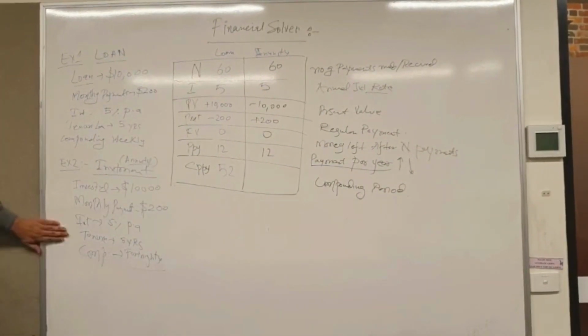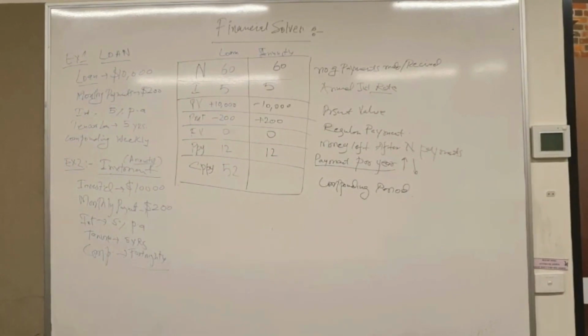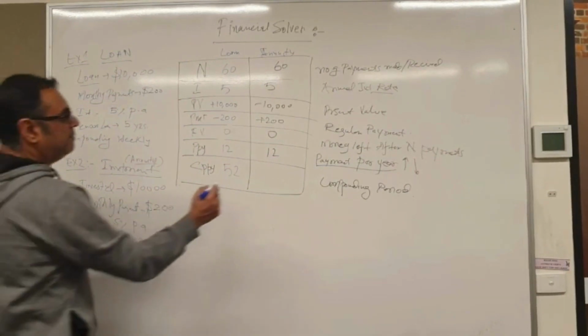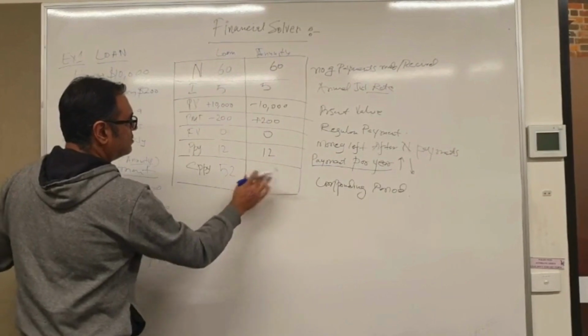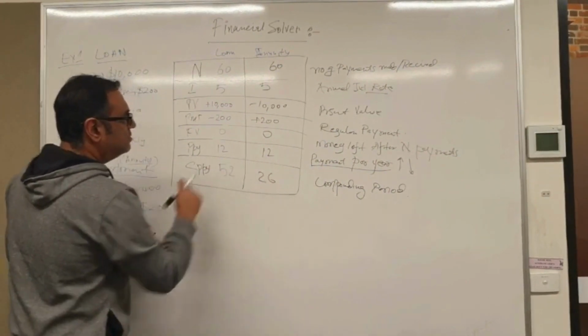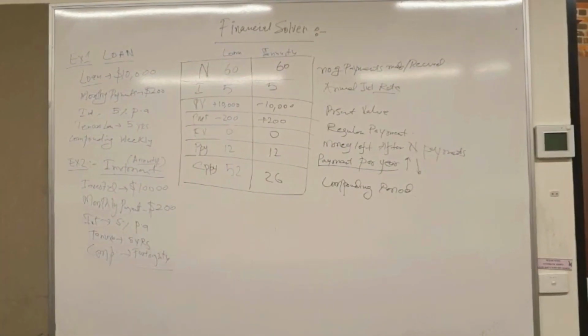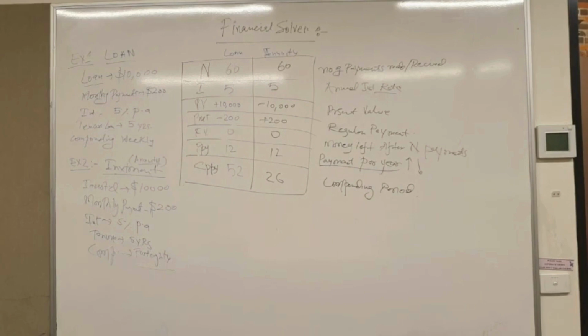And Gabby, what about here? 26. 26, fortnightly. Did you see the difference? Did you understand each and every point of this financial solver?